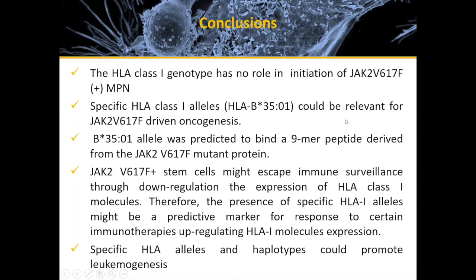The B3501 allele was predicted to bind a neoantigen peptide derived from the JAK2 V617F mutant protein. We also showed that JAK2 V617F positive stem cells might escape immune surveillance through downregulation of expression of HLA class I molecules. Therefore, the presence of specific HLA class I alleles might be a predictive marker for response to certain immunotherapies upregulating HLA class I molecule expression.